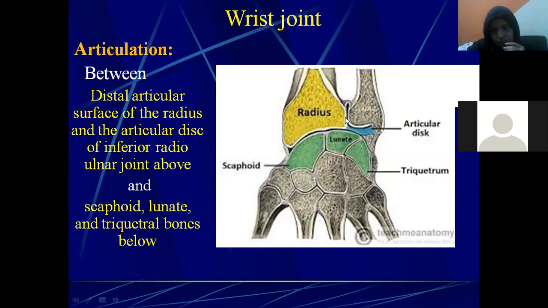There I said we have an intra-articular disc also. You can see the disc very clearly. So the articulation is the distal articular surface of the radius and the articular disc of the inferior radio-ulnar joint above, and lower down you have 3 bones: scaphoid, lunate, and triquetral.